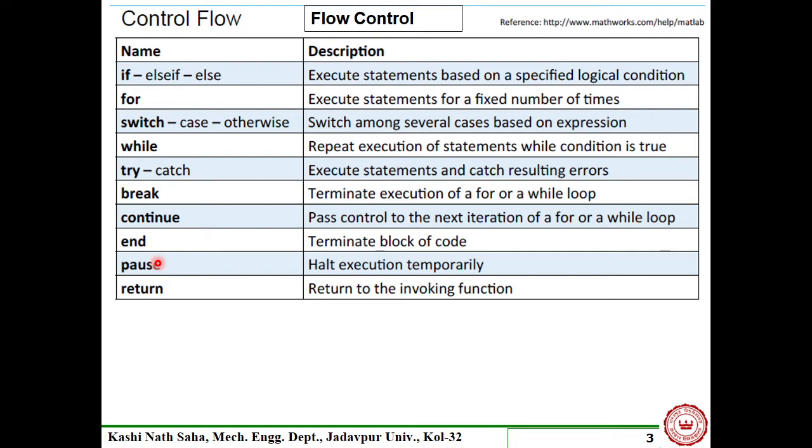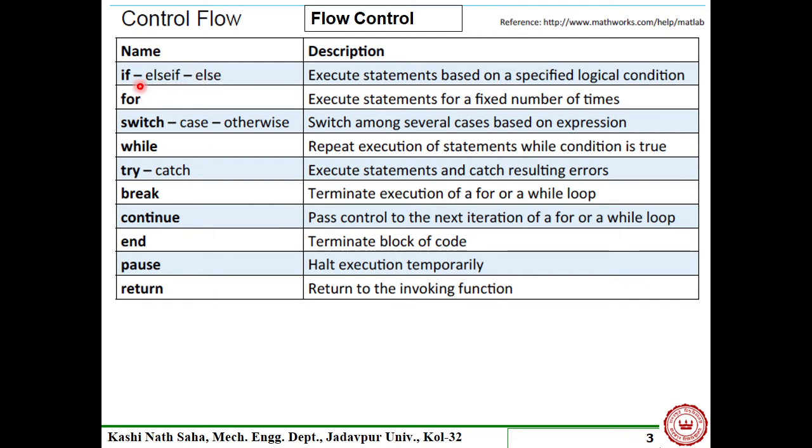And now the flow control. To add some control features in our program, these are some of the inbuilt functions which are already available. Those are if, simple if, then if else, and if, else if, and else.